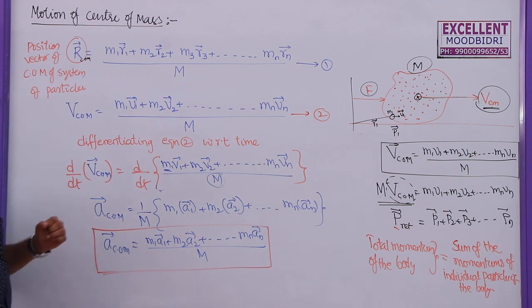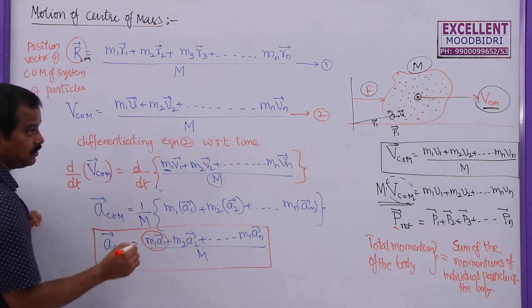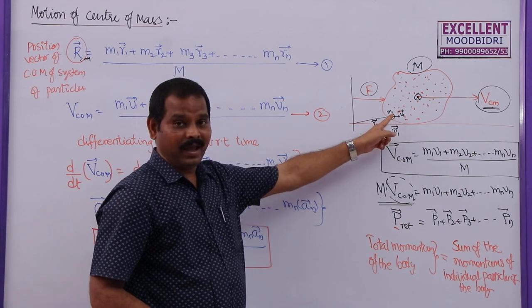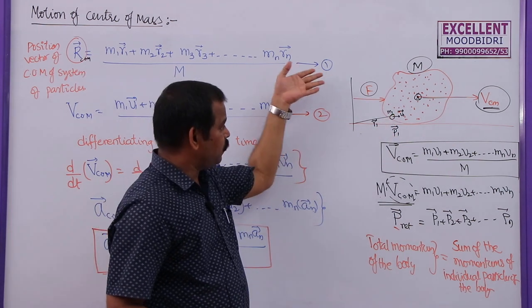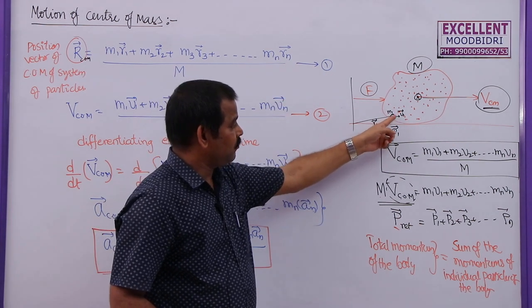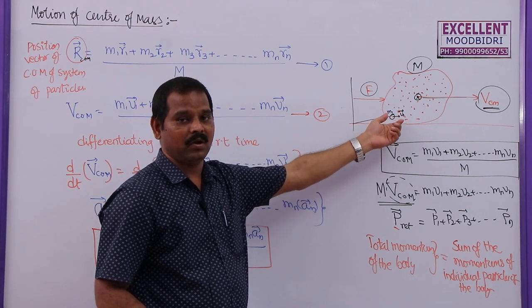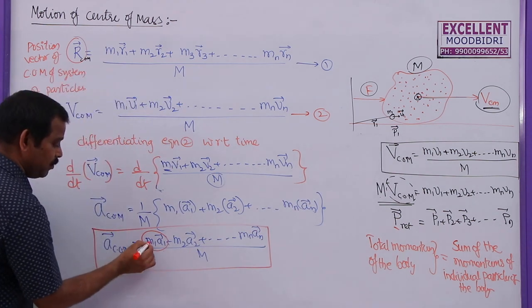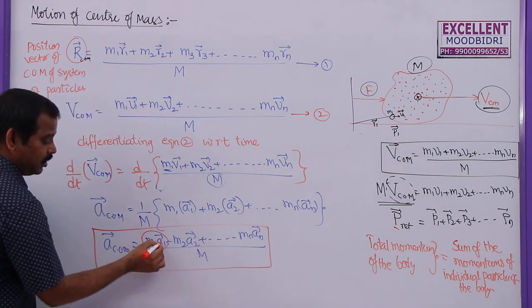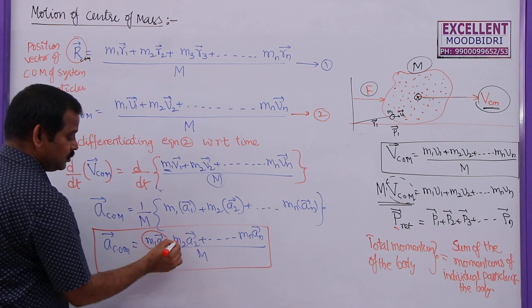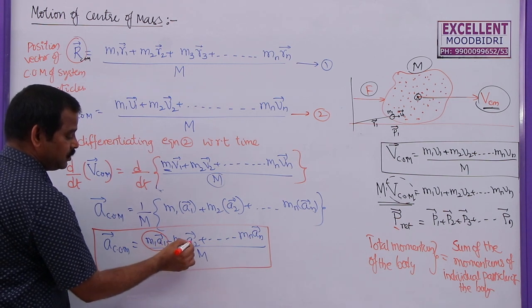And you can see this one, this is nothing but mass of this particle m1. As it was at rest previously, when a force applied, it gained some velocity. That means there is some change in velocity in a small interval of time. We call it as acceleration. So this is the mass of the first particle, acceleration produced in the first particle. This is mass of second particle, acceleration produced in the second particle.